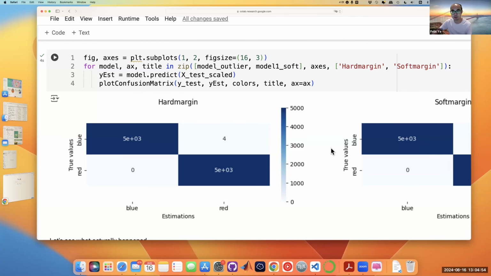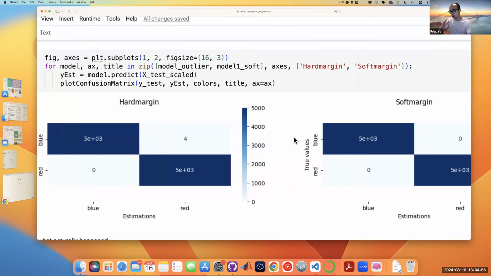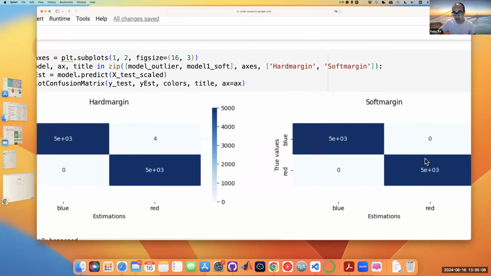However, if we're using the soft margin idea, we still want to make sure this line is in the middle for the majority of the data, while we can allow certain outliers to be wrong. Then in this case, we can still perfectly separate the red and blue if we sample them from my original distributions without the outliers.